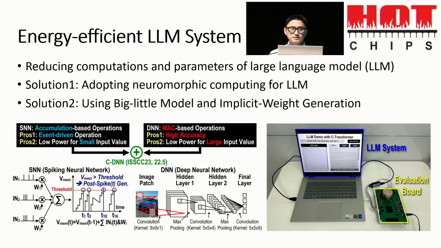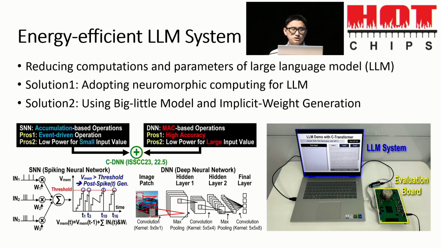So when there is a lot of information, the spiking neural network consumes large energy, and when there is little information, it consumes low energy. In contrast, the conventional deep neural network always requires a fixed number of multiplications between input and weight, so it shows mild power variation depending on the amount of information compared to the spiking neural network.